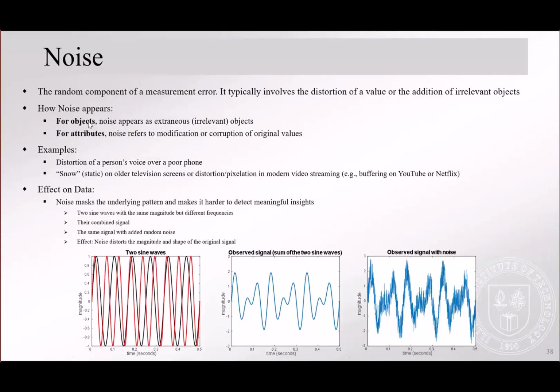For objects, noise means an extraneous object, an entire record that doesn't belong in the data set, something that shouldn't be there in the first place. Second, for attributes, noise means a modification of original values. The object is real, but the value recorded is off.